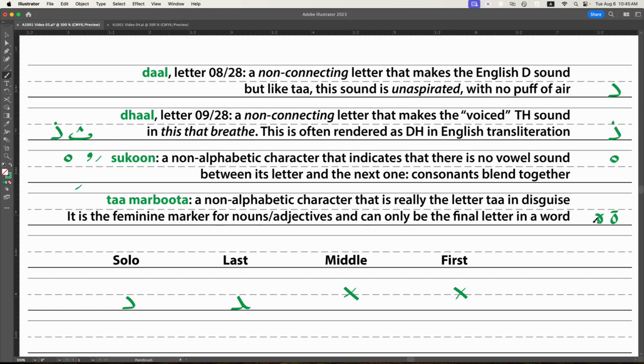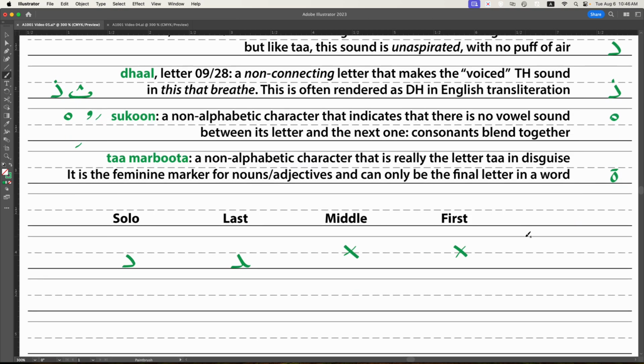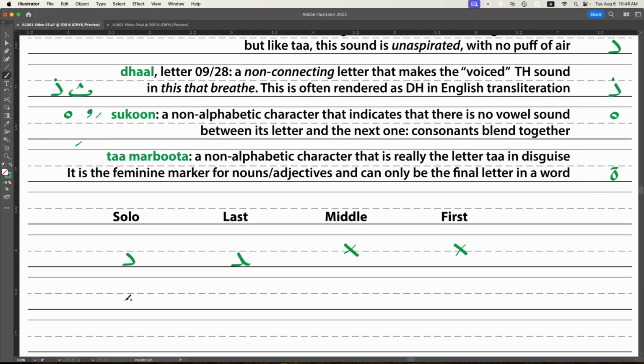It's as if you've taken the two crescents of the ta and you've bound them up together, which is where it gets its name, ta marbuta, tied up ta. So if it's by itself after a non-connecting letter, then usually most people will just make a wee egg and put two dots on it. However, you could also do it this way if you so chose.